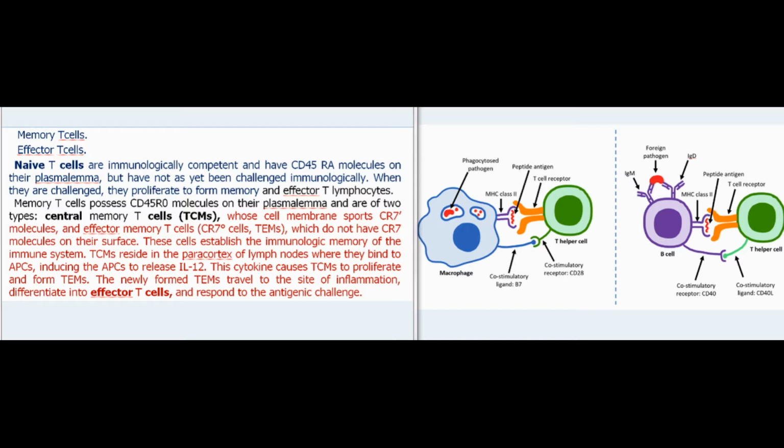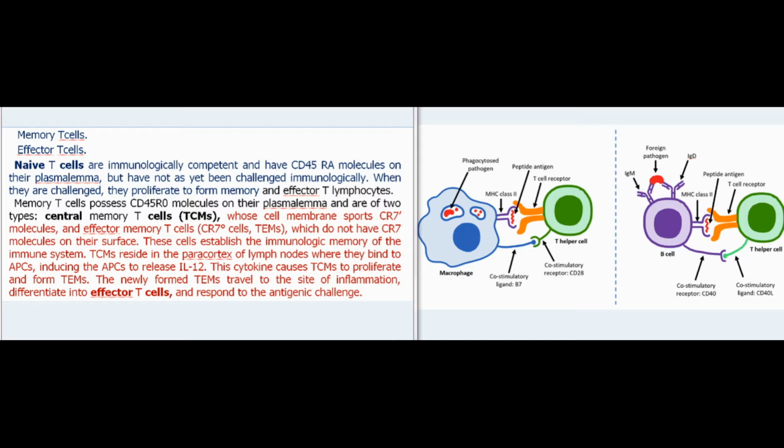Memory T cells possess CD45R0 molecules on their plasmalemma and are of 2 types: central memory T cells, TCMs, whose cell membrane sports CCR7 molecules, and effector memory T cells, CCR7-negative cells, TEMs, which do not have CCR7 molecules on their surface. These cells establish the immunologic memory of the immune system.